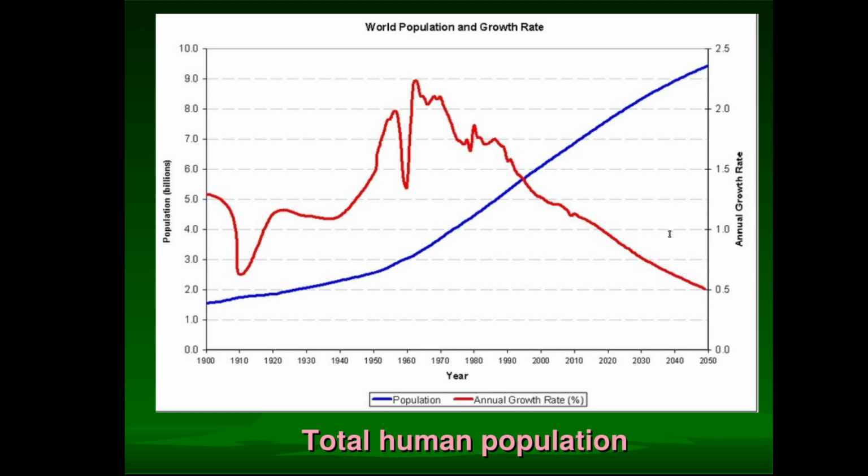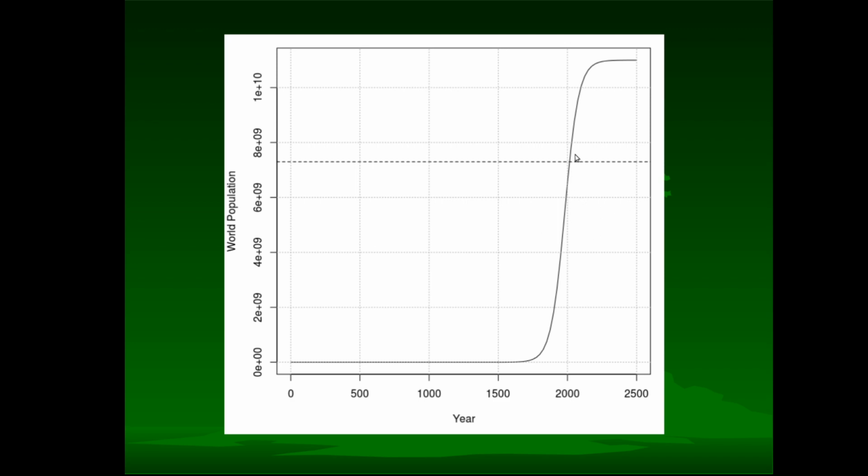So in the last few years, the total world population growth rate has been decreasing, meaning we are right at the inflection point of the logistic growth curve. So we're right around here in the inflection point right now, worldwide.